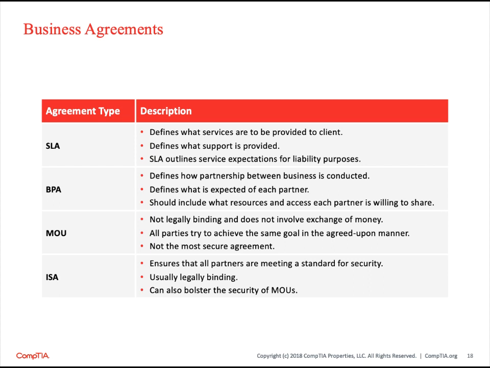But moving forward, then we have a business partner agreement. So this is an agreement that's going to define how a partnership between 2 business entities will be conducted, right? It's going to define what is exactly expected from each entity in terms of maybe security or finances. And for security purposes, we need to describe exactly what the partners are going to be sharing with each other and how our inter-organizational access is going to be handled, right?